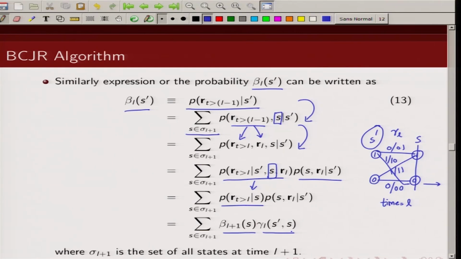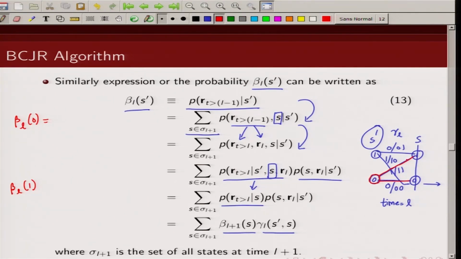So, let us compute beta for this particular code. We are interested in computing beta L at state 0 and beta L at state 1. So, beta L at state 0 is the sum over all those transitions which are ending at this state.